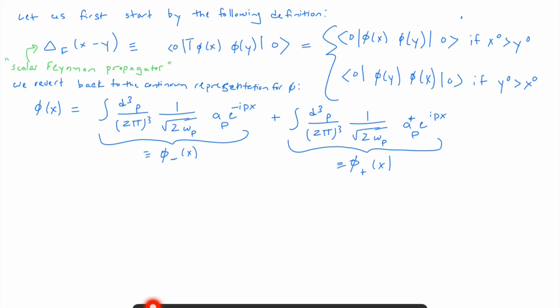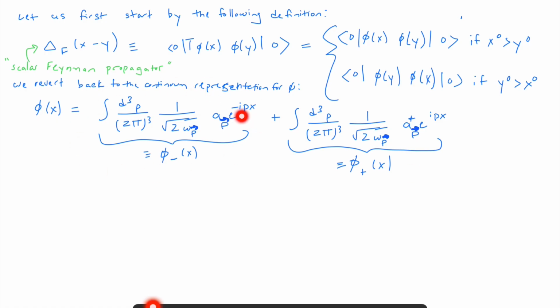And remember, this p here should really have an arrow over it. This is a 3 vector, as is this, because the integration is just over the 3 components of p. But this p over here is a 4 vector, and px means the dot product of p with the space-time 4 vector x, as we've talked about before.